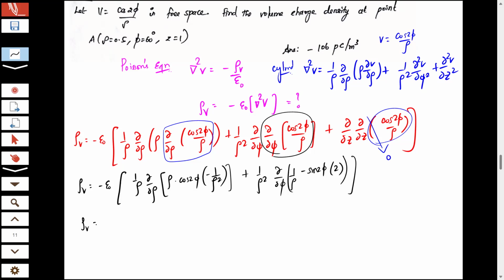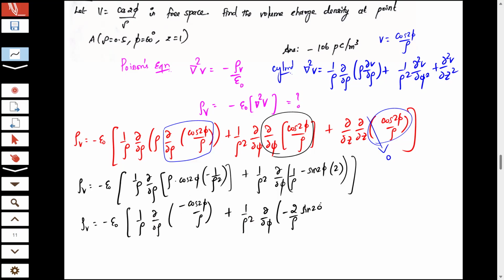So now we can write rho V as minus epsilon naught 1 by rho dou by dou rho of, here I can write minus cos 2 phi by rho. Then the second term we can write 1 by rho square dou by dou phi of minus 2 by rho sine 2 phi.